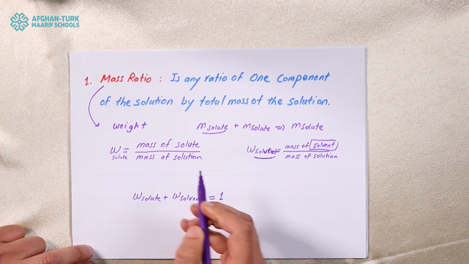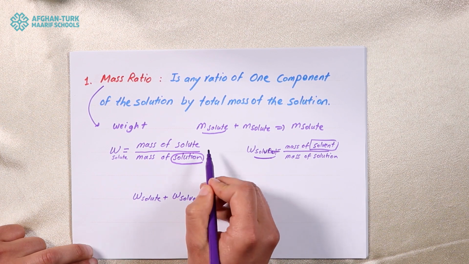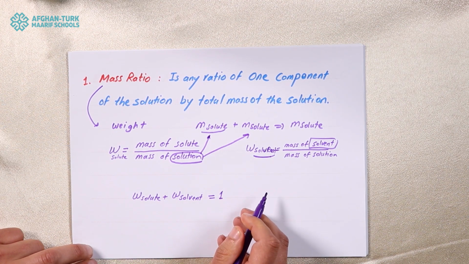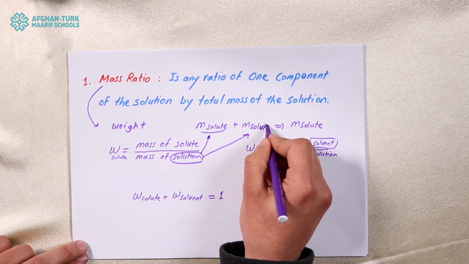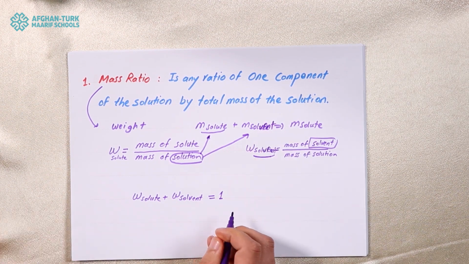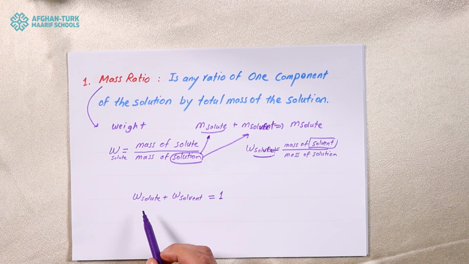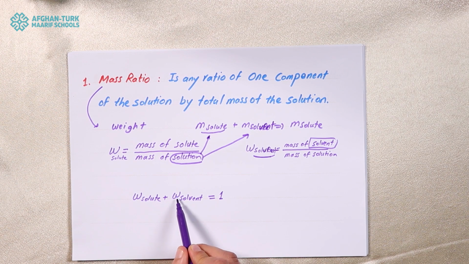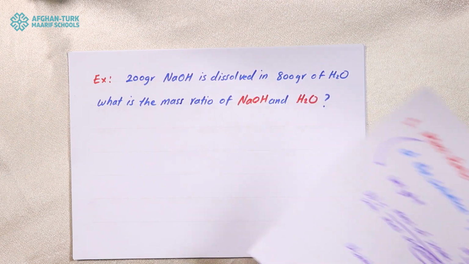As you know, the mass of the solution contains the mass of solute and the mass of solvent. Also, keep in your mind that the mass ratio of solute plus the mass ratio of solvent should be equal to 1.